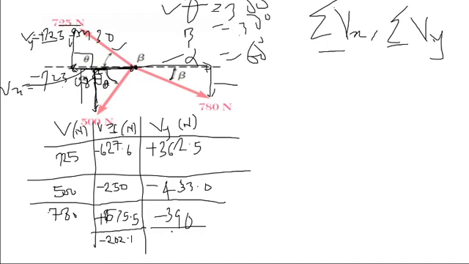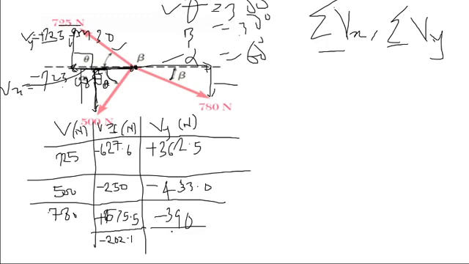Let us now look at our y component. For our y component, what are we going to get? We should be looking at 362.5, plus, no, it is minus 433.0 minus again 390.